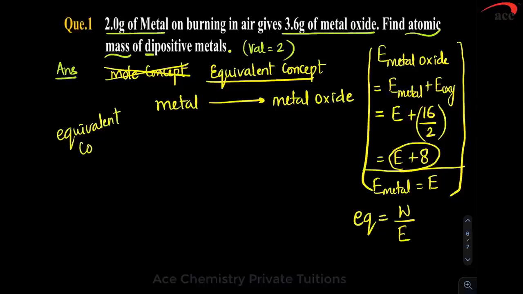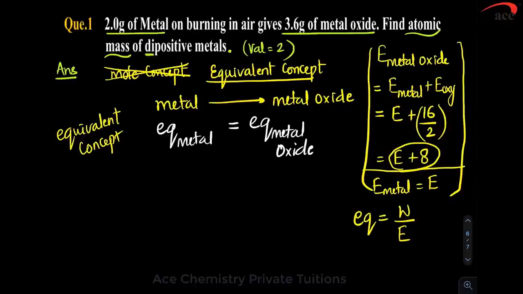Remember that. So can I say, by using the equivalent concept, eq of metal will be equal to eq of metal oxide? Because eq are always equal for a complete reaction and you don't require stoichiometry.